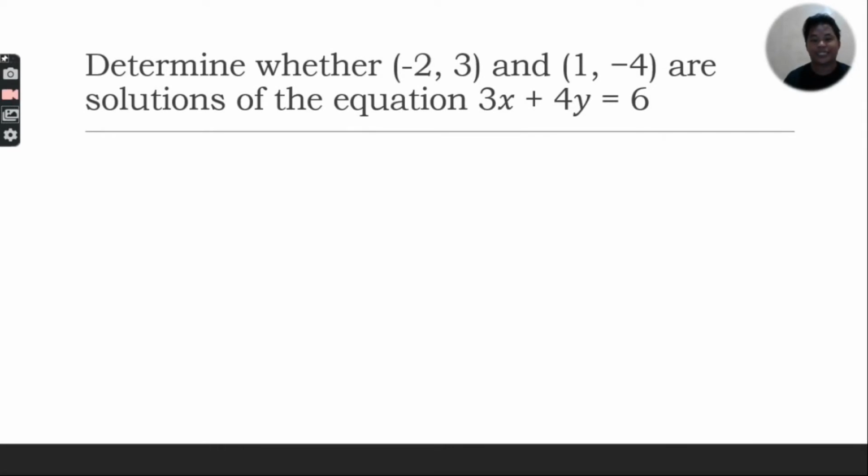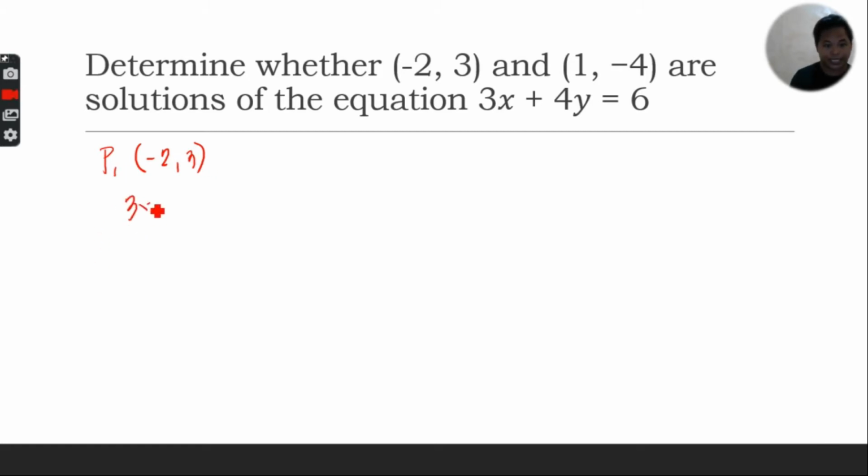Determine whether point (-2, 3) and point (1, -4) are solutions of the equation 3x plus 4y is equal to 6. Let's try first point (-2, 3).